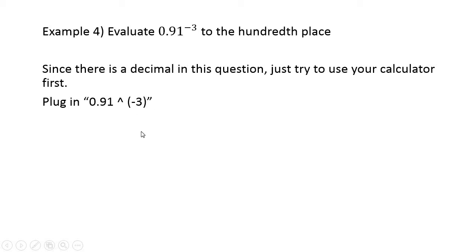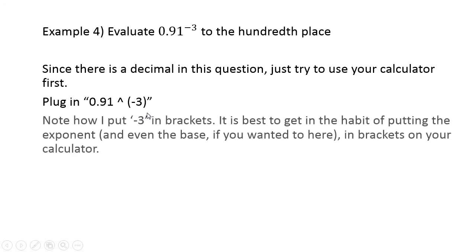So 0.91 to the bracket, negative 3, end bracket. Note how I put negative 3 in brackets. It is best to get in the habit of putting the exponent, and even the base if you want, in brackets on your calculator. It is important to emphasize that, so please don't forget to do that. The answer here is 1.33.